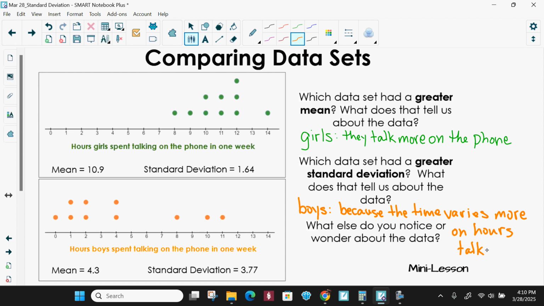So the time for the boys varies more in the hours that they talk. It goes from 0 to 11, where this is just from 8 to 14. Okay, so you have that assignment sheet to do, using your Desmos to find your mean, your median, and your standard deviation. Okay.